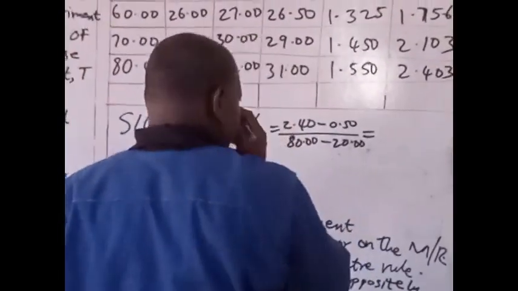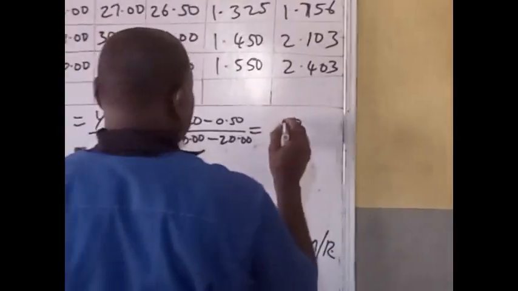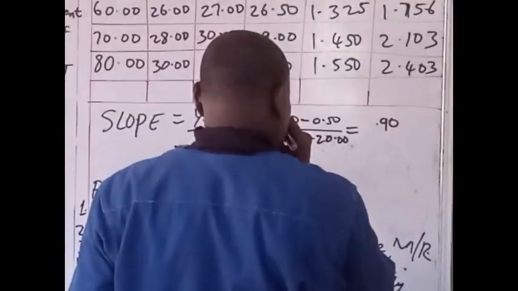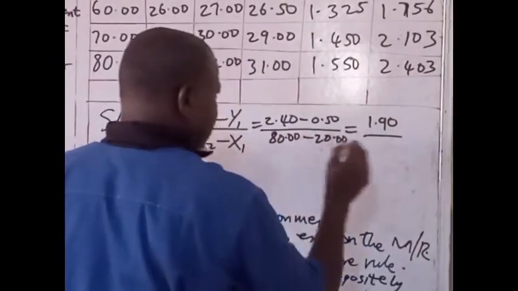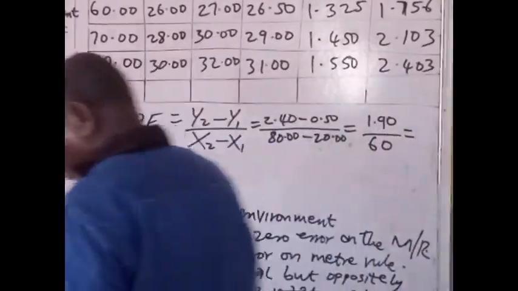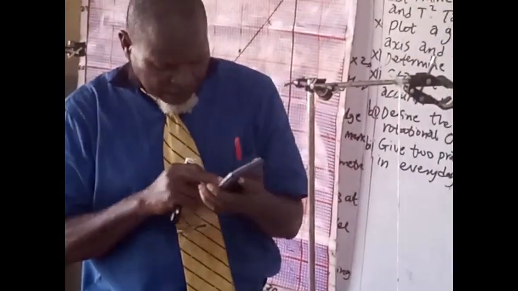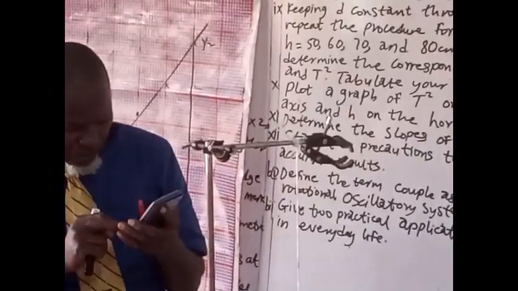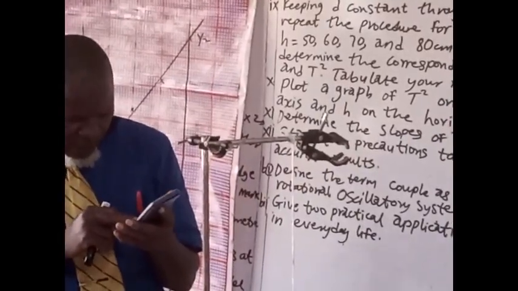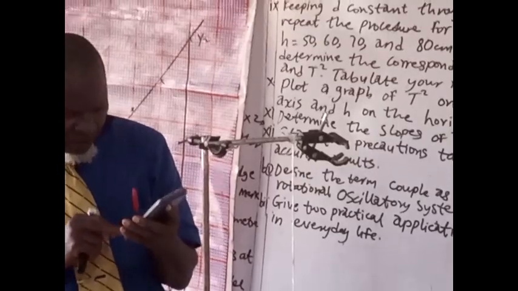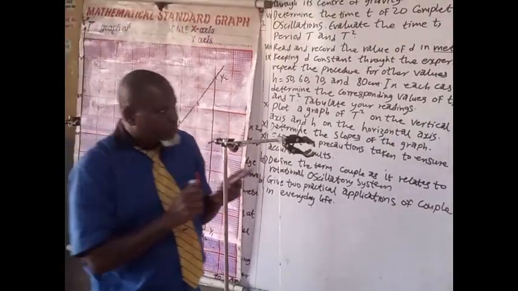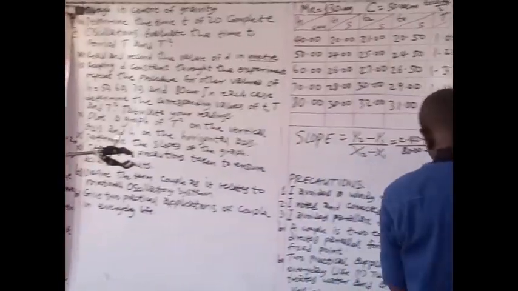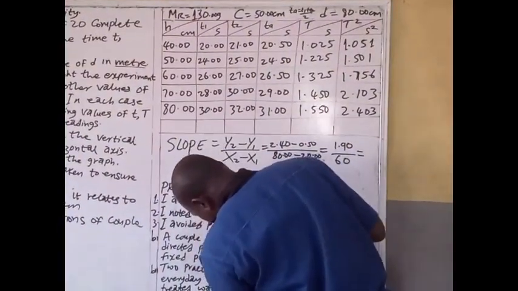So y2 minus y1 is 2.4 minus 0.5, which is 1.9, and x2 minus x1 is 80 minus 20, which is 60. 1.9 divided by 60 is equal to 0.032.